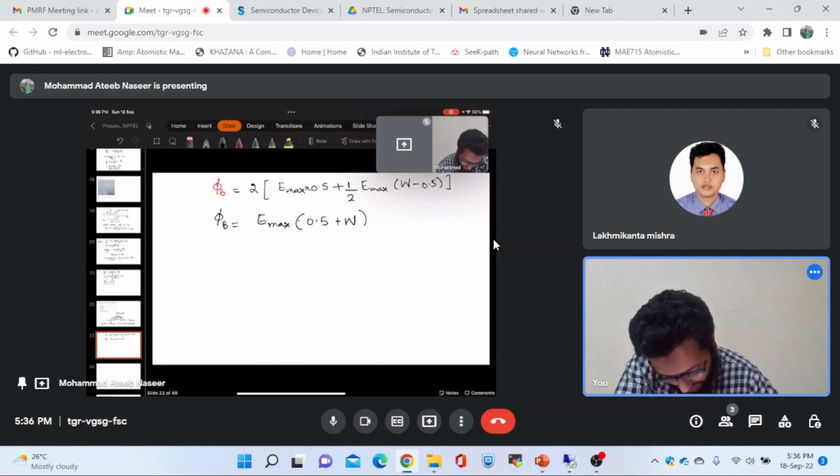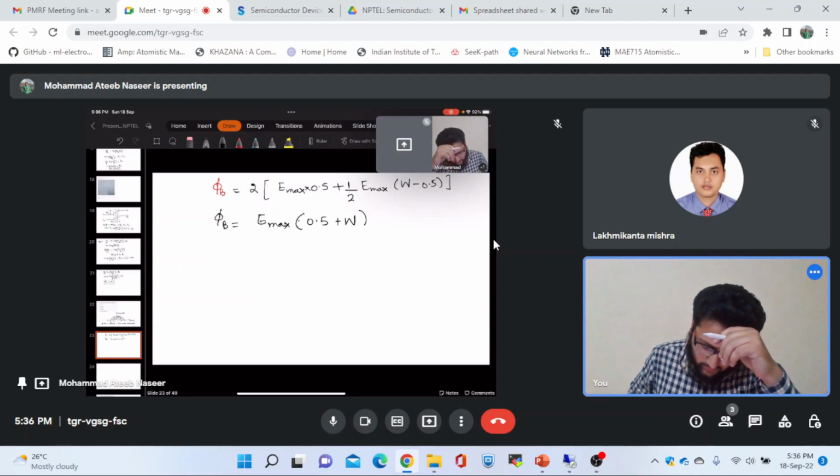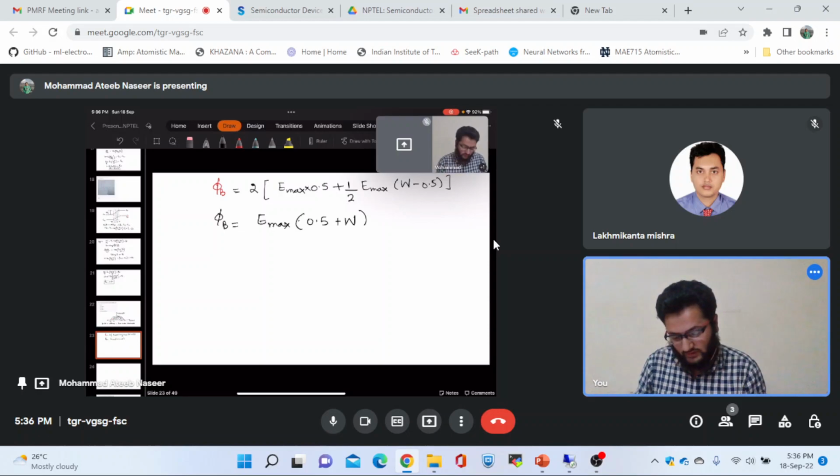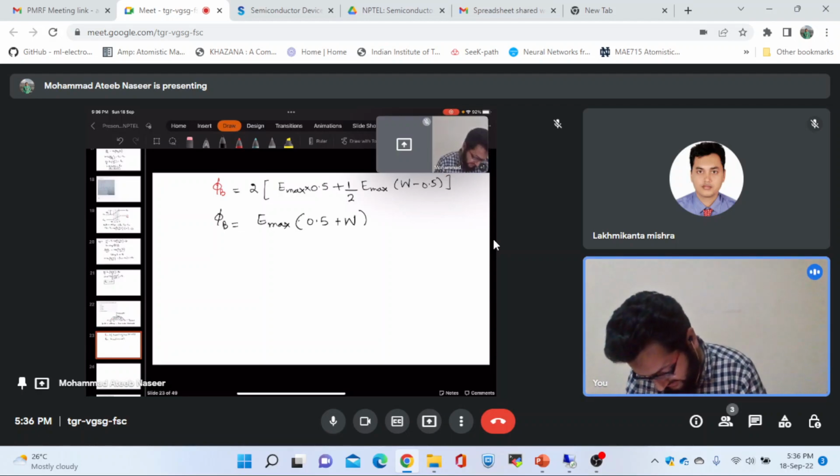Now I have got this expression, and I need to find the value for W, this depletion width. I have two unknowns in here. This E max is unknown and this W both are unknown. So let us go about writing the Poisson equation for this.